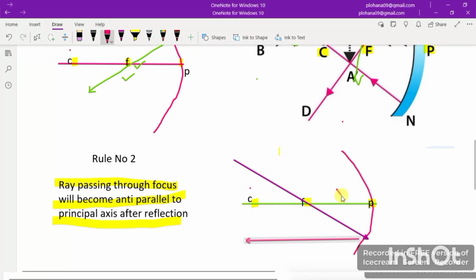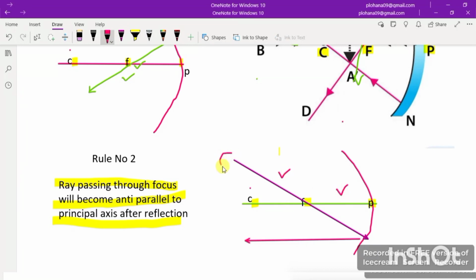We know that this is the principal axis. This is the incident ray coming from the luminous source, the light source. It hits the surface and then reflects back against the principal axis. The principal axis is going in this direction, while this reflected ray is going against this direction, right?